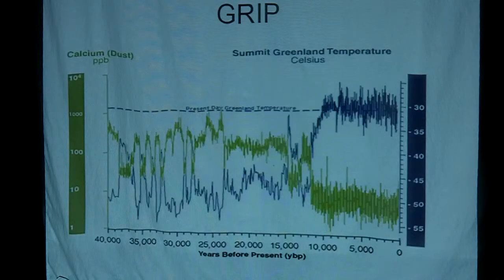So what the burst of terrestrial dust in the Greenland ice core is, it's a measure of the drought in the northern hemisphere.